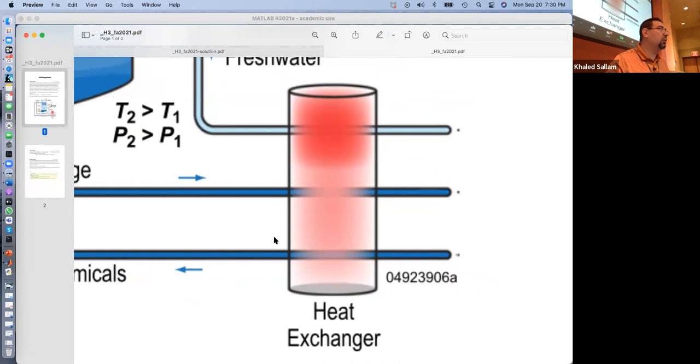In this course, I'm not saying that you should remember your heat transfer course. Where did we see this, where things were heating each other? The closed feed water heater. Did we have a homework problem on it? Do we remember the equation? What's the equation? Q dot equals Q dot.